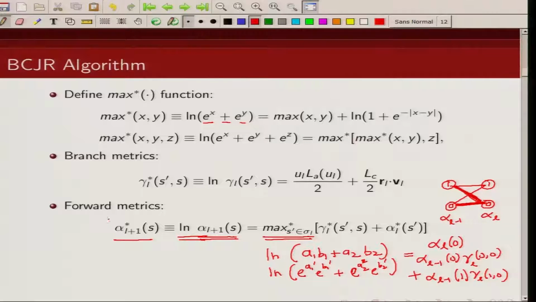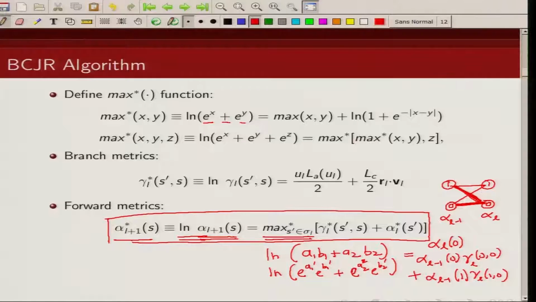So this forward metric, when we implement it by taking the log, will become a max star operator, and the two terms inside, the gamma term and the alpha term, will be added.